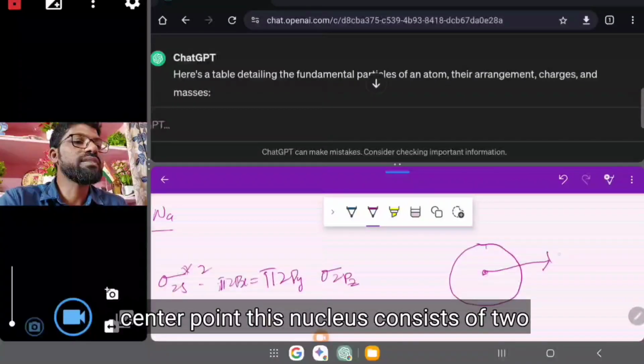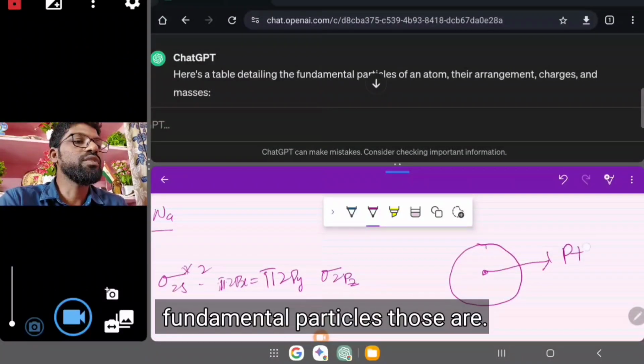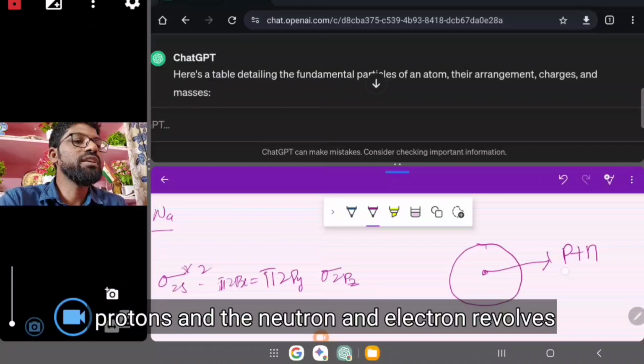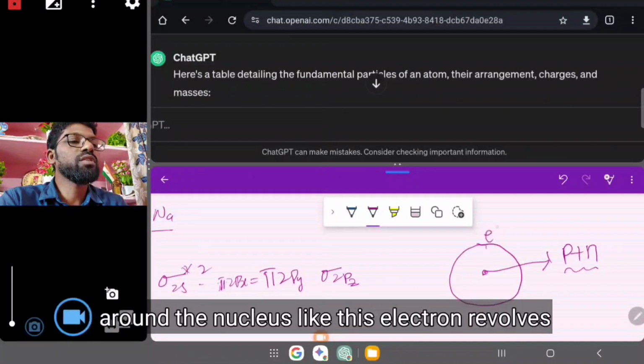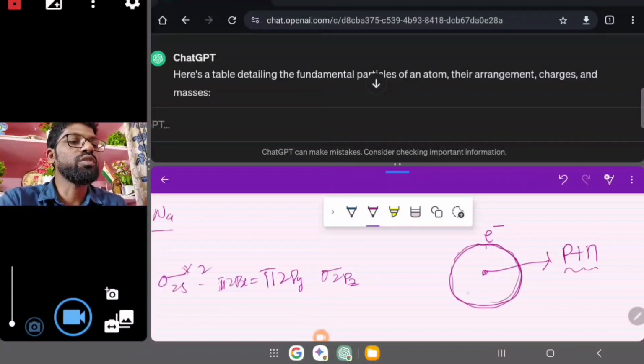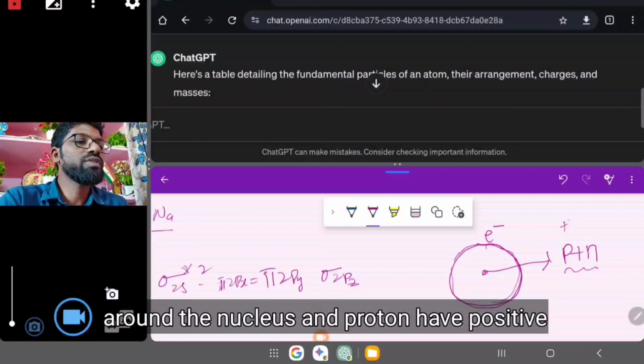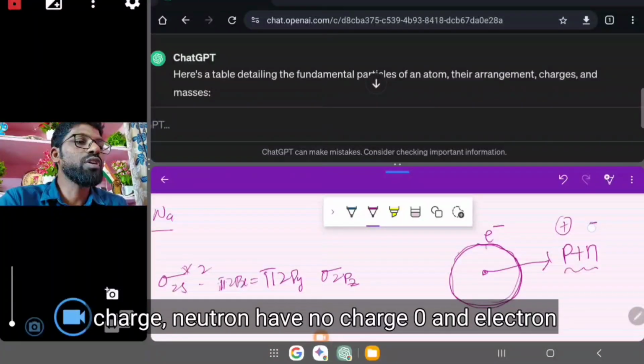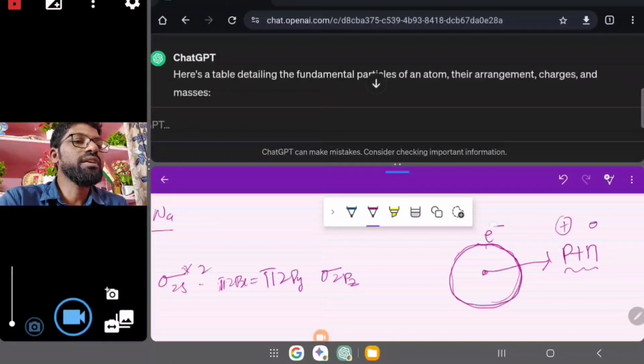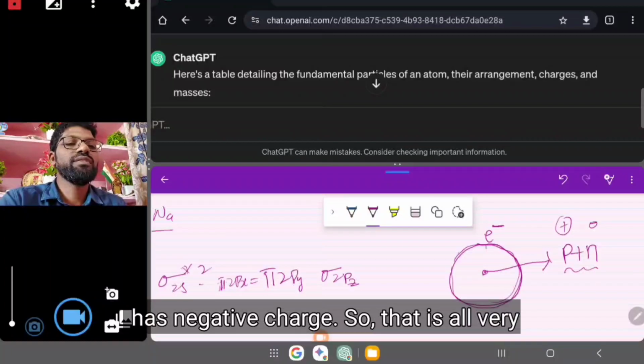This nucleus consists of two fundamental particles, protons and neutrons, and the electron revolves around the nucleus like this. Proton has a positive charge, neutron has no charge, zero, and electron has a negative charge. So that's all, very simple.